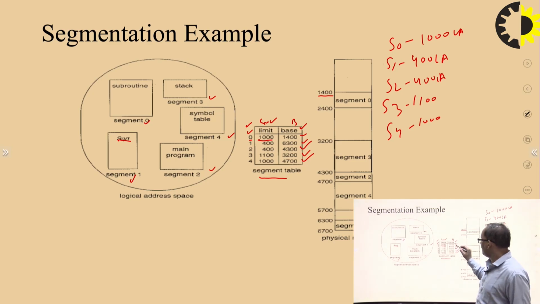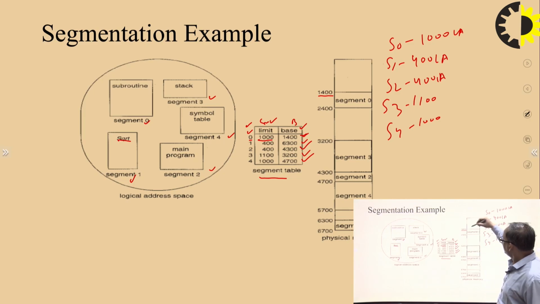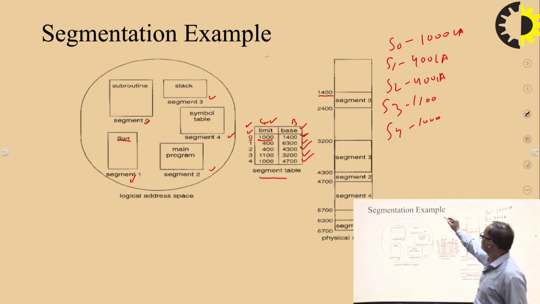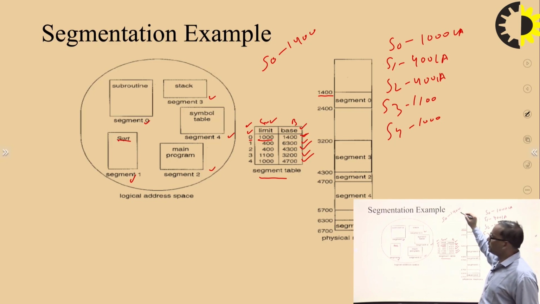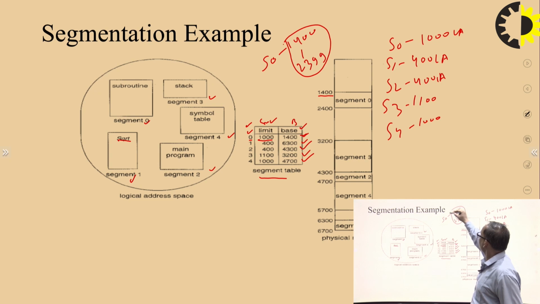And this is the base address. It means the starting, first physical address of segment number 0 is 1400. It means segment 0 starts from 1400, and this is also included, plus the size, which is 1000. So up to 2399, these are the physical addresses which belong to segment 0.